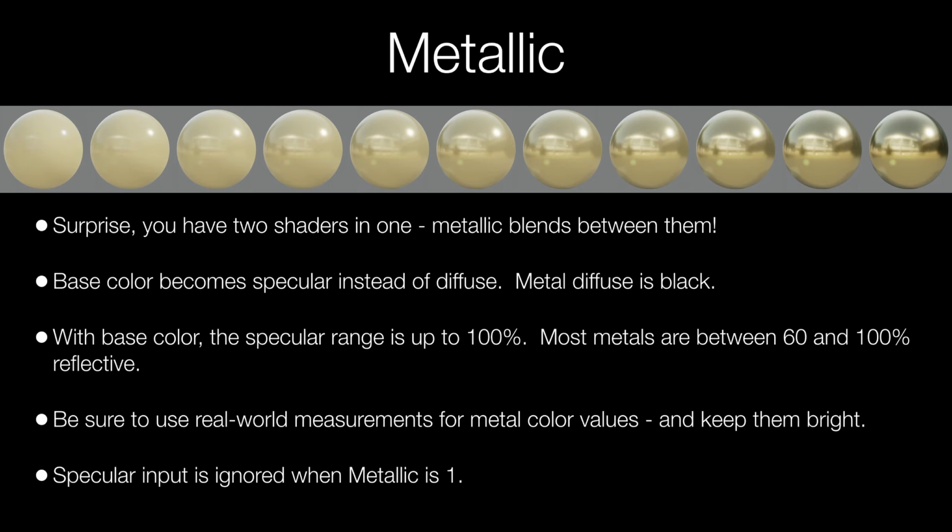You have a shader that defines metal objects and a shader that defines non-metal objects. And the value that you pass into the metallic socket picks if you're going to use the metal shader or if you're going to use the non-metal shader. And that's pretty cool. So I want to take a minute and talk about what that means exactly.